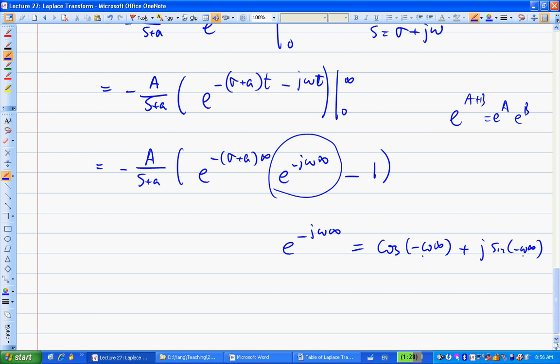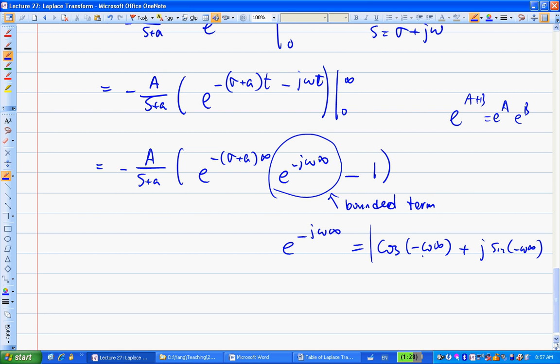The magnitude of this is not going to explode. It's going around a circle, so it's a bounded term.